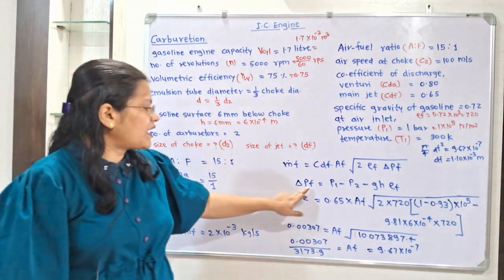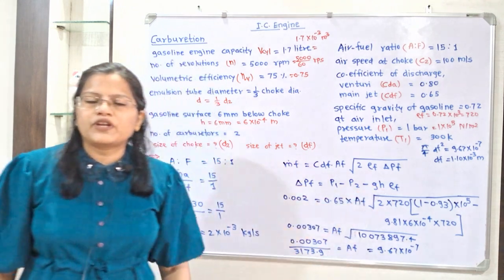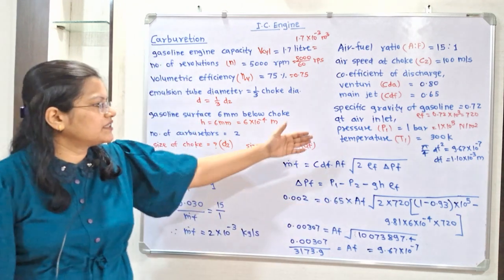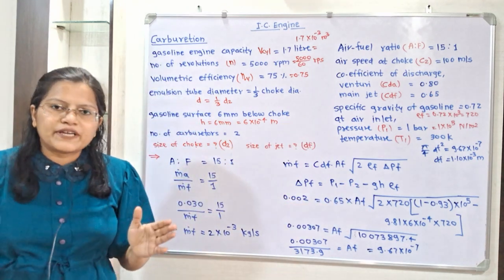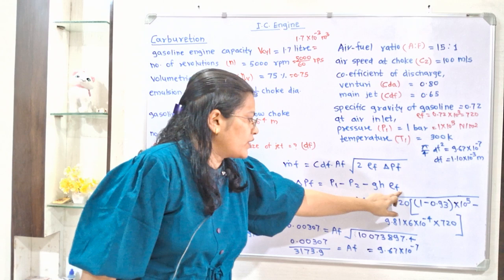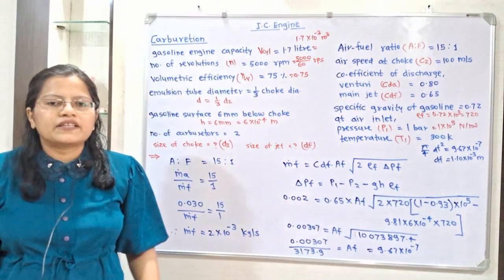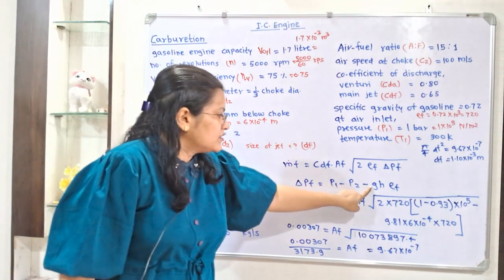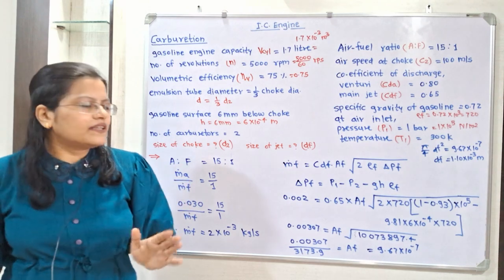So for this delta PF we have a formula. So this is the formula, P1 minus P2 minus G H rho F. P1 is mentioned in the question, P2 we have calculated. So what is this G? That is the acceleration due to gravity, the value of G is 9.81.